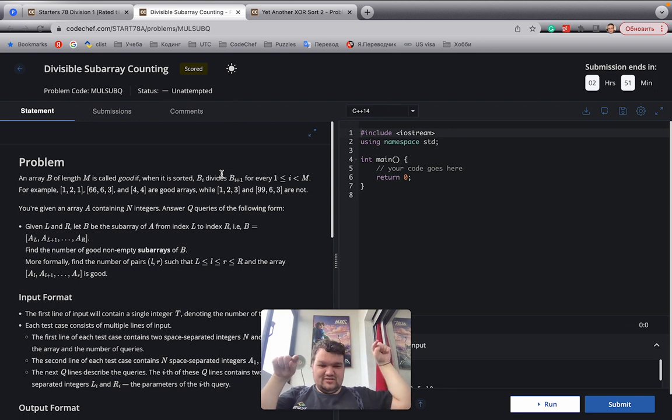So this one is divisible by this one for any pair. So we just want to make sure that each pair of numbers is divisible.